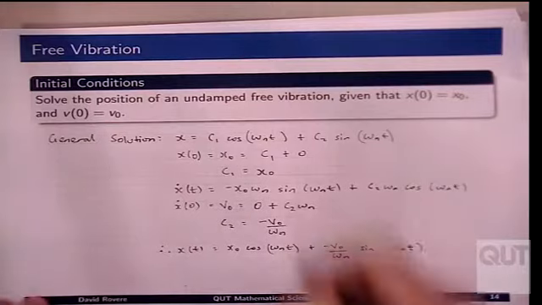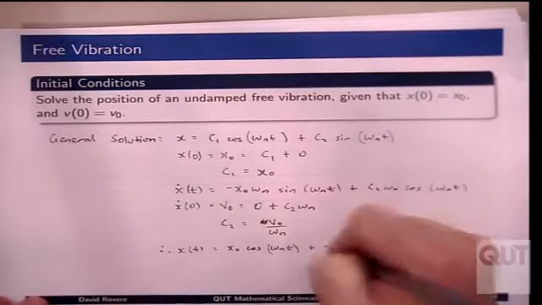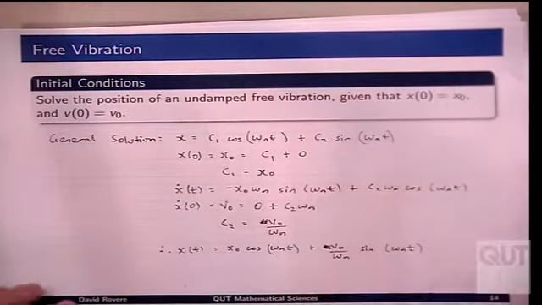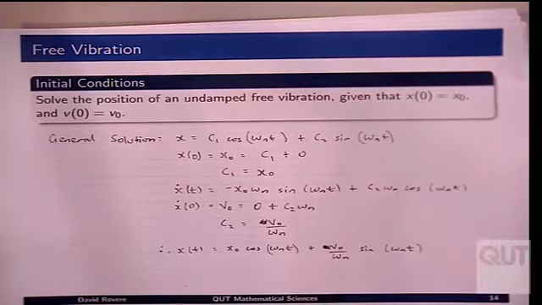Good question. It shouldn't be negative, it's positive. All right. So the solution is x naught cos omega n t plus v naught on omega n sine omega n t.